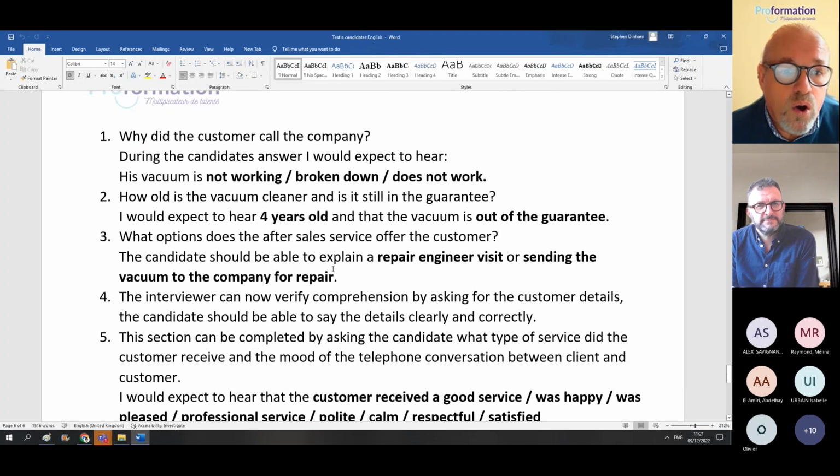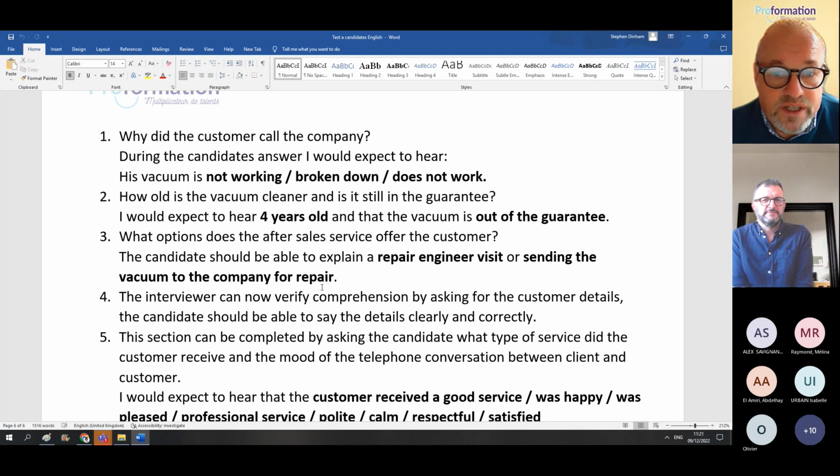Number 2. How old is the vacuum cleaner and is it still in the guarantee? I would expect to hear from the candidate that it's 4 years old and that the vacuum is out of the guarantee. Number 3, what options does the after-sales service offer the customer?